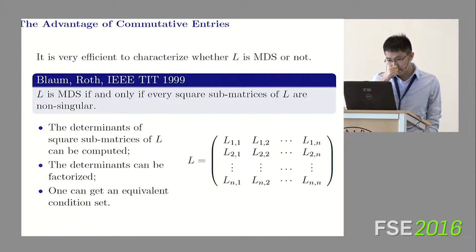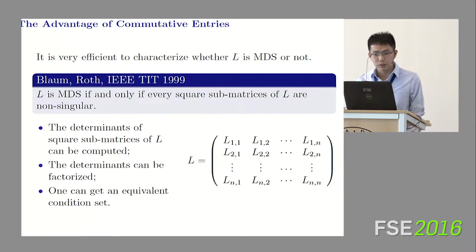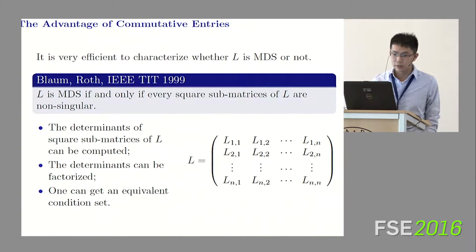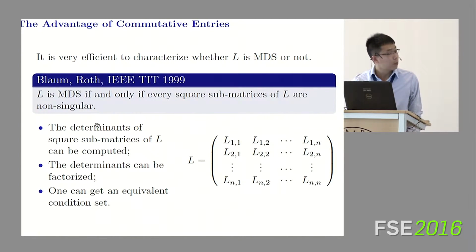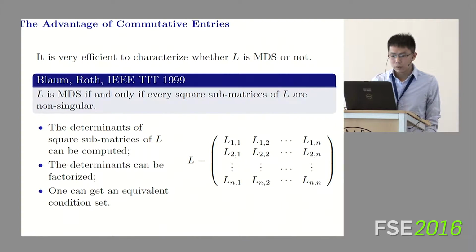In my opinion, the most important advantage of using commutative entries is that it is very efficient to characterize whether a matrix is MDS or not. We know that a matrix is MDS if and only if every square submatrix is non-singular.